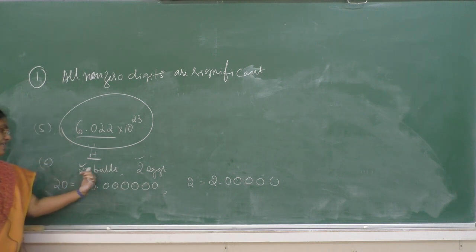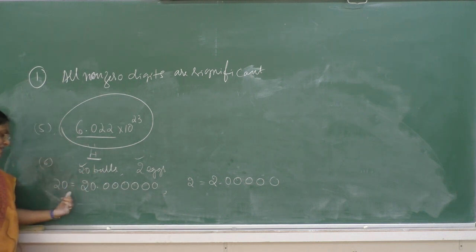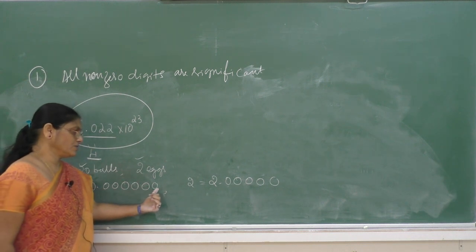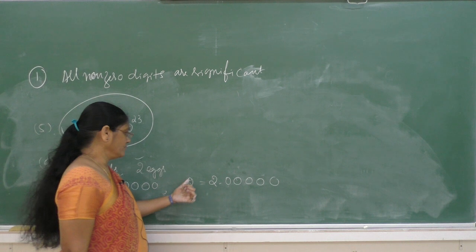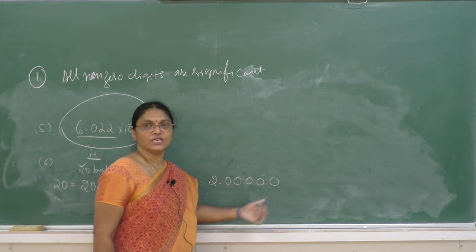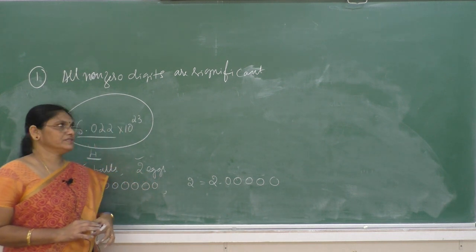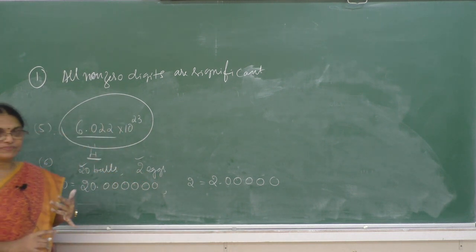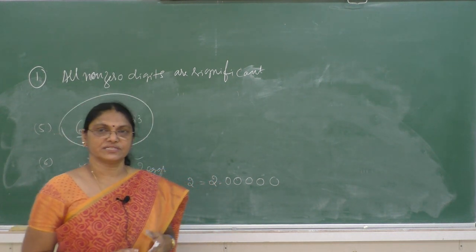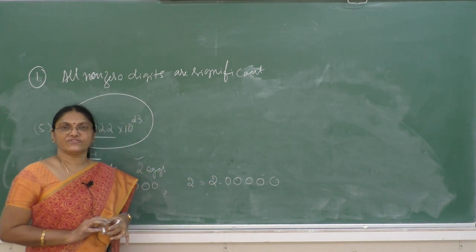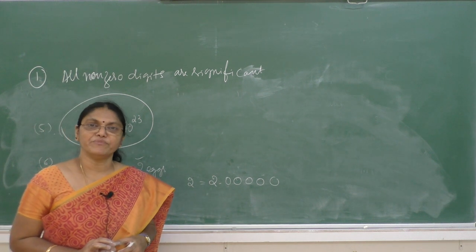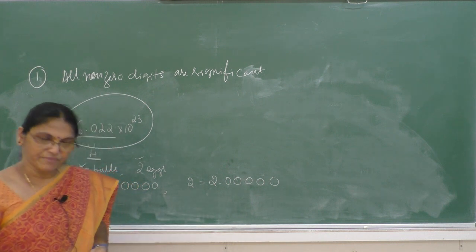Therefore, 20 can be written as 20.0000, or 2 as 2.0000. So this completes the topic of precision, accuracy and significant figures. The significant figures are the meaningful digits in the measured value.